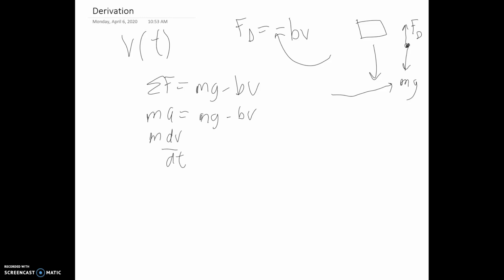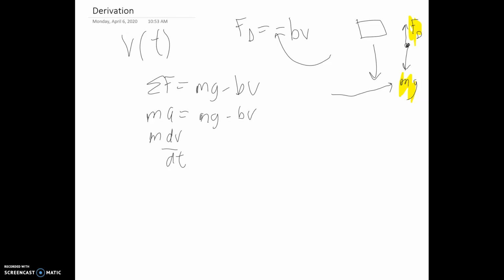If we look at these forces, this force, mg, is going to stay constant. But the drag force is going to start out really small because the velocity will be small. But it's eventually going to creep up, and as it gets bigger and bigger, it's eventually going to reach a point where it matches mg.